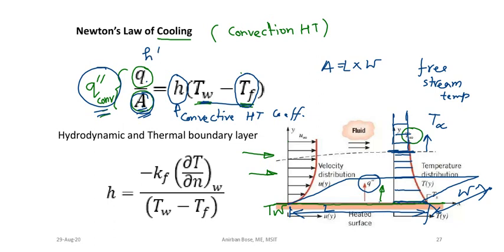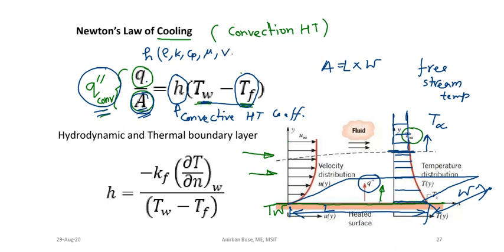It definitely depends on the properties of the fluid, like density, thermal conductivity, specific heat, and viscosity. Along with that, this H also depends on many flow parameters, like the velocity of the fluid.